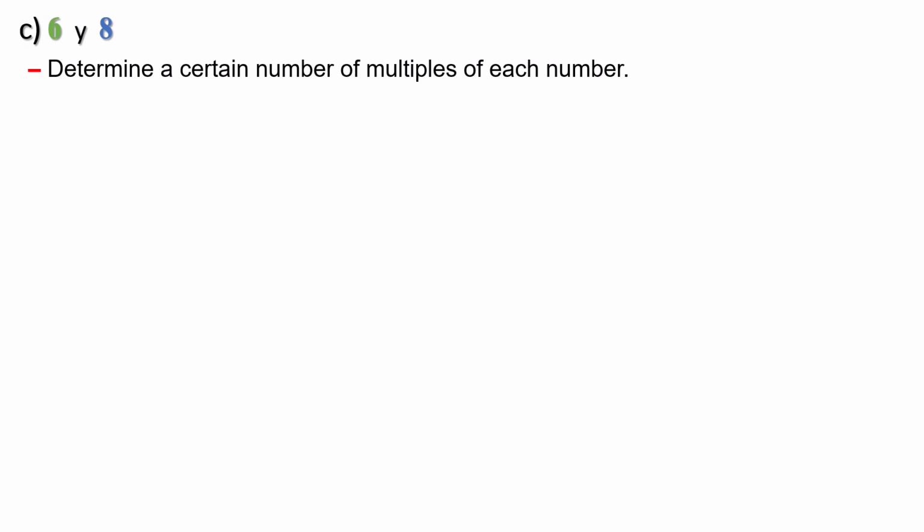Literal C, between 6 and 8. Unlike determining the least common multiple using the decomposition into its prime factors, the name itself tells us how to do it, making this method easier. First, determine a certain amount of multiples of each one.